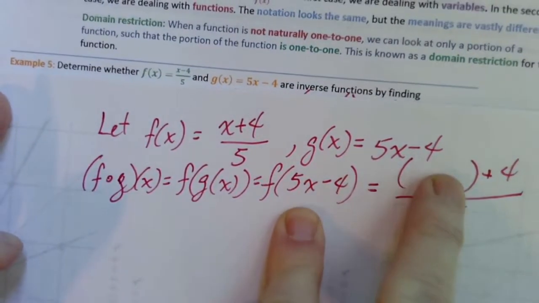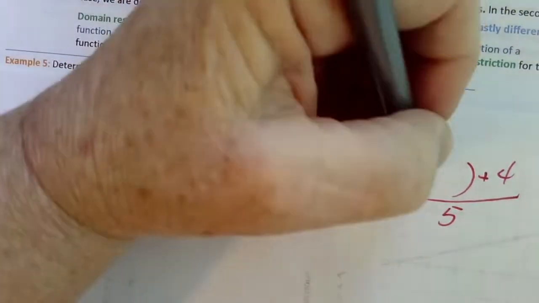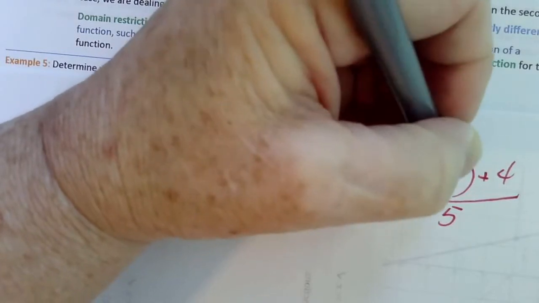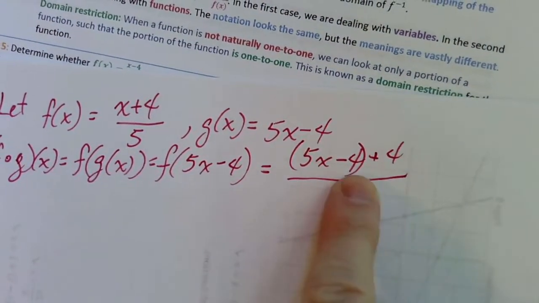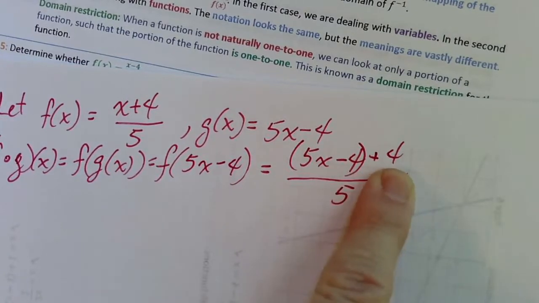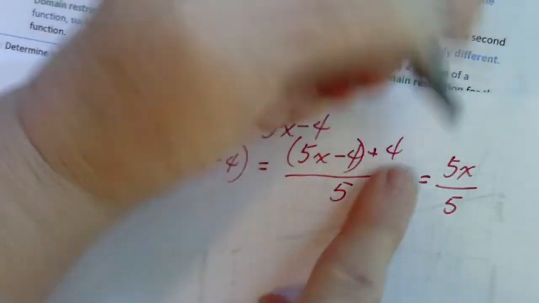We're going to plug g in here, 5x minus 4. Now notice what happens in the numerator. We have a negative 4 and a positive 4, so they cancel each other. Now we just have 5x in the numerator and 5 in the denominator. The 5's cancel each other, and we're left with x.